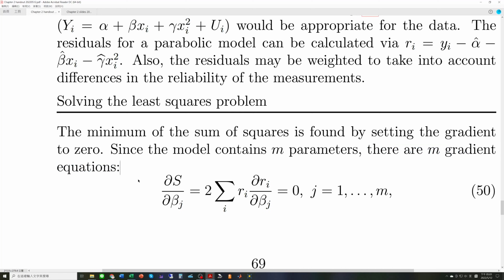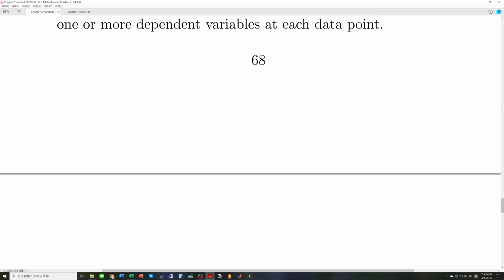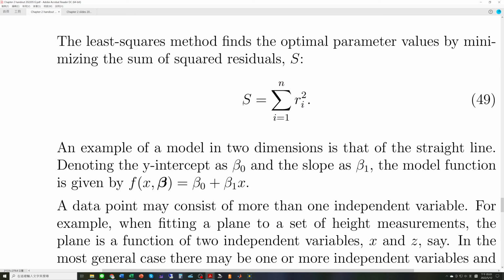So let us see partial S over partial beta j. Let us review what S is. In equation 49, we can see that S is equal to summation i is equal to 1 to n Ri squared.